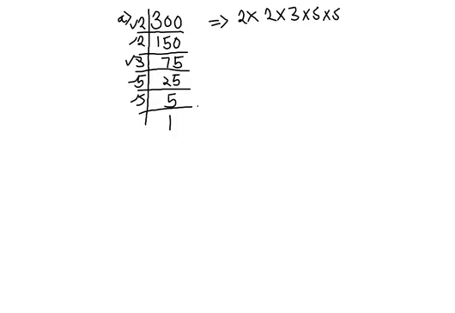So this can be written as 2 power 2 because it repeats itself twice, multiplied by 3, then multiplied by 5 power 2, again it repeats itself twice. So these are the prime factors of 300 because 300 is a composite number.